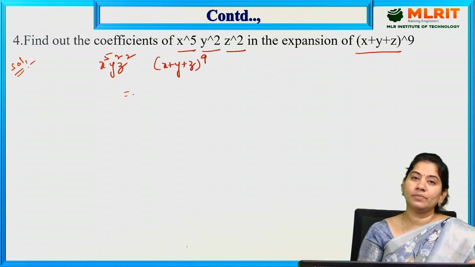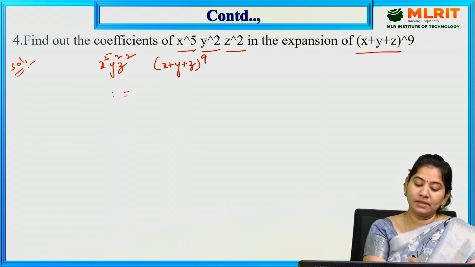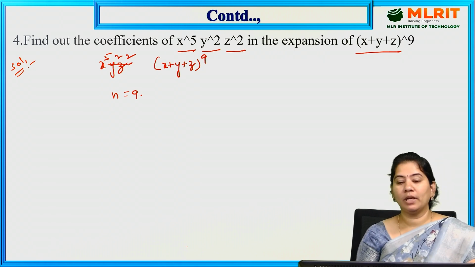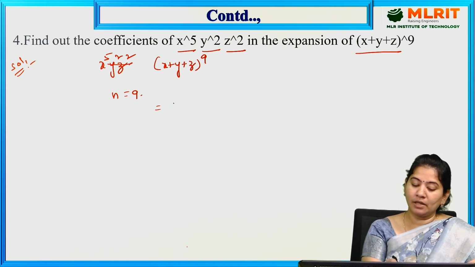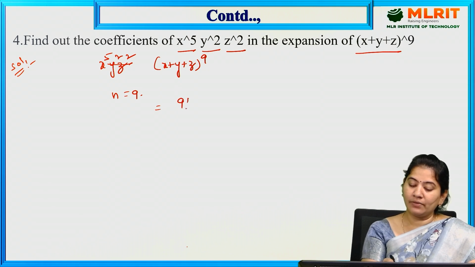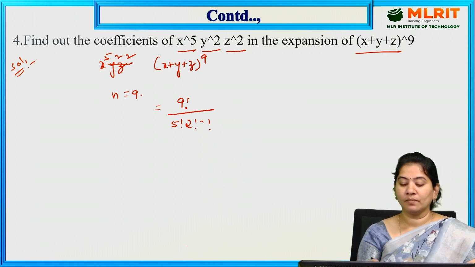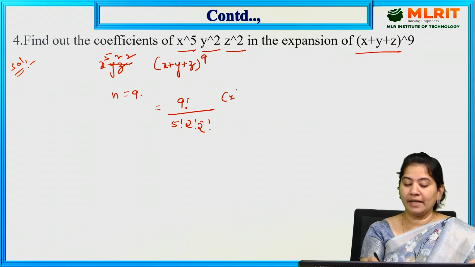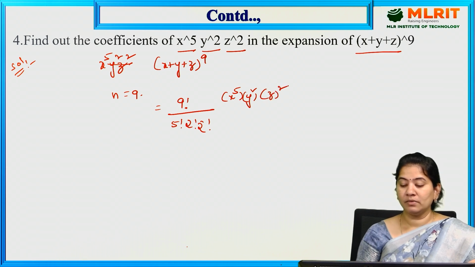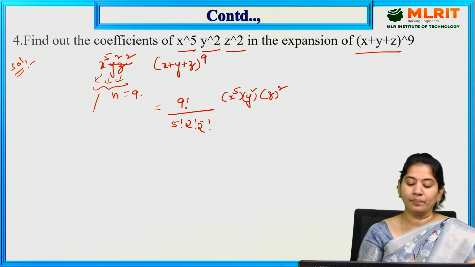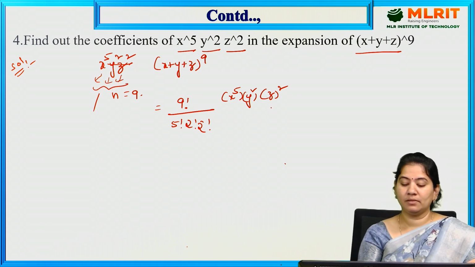So if we observe, n is equal to 9 here, and 5, 2, 2 are the n1, n2, n3 values. Then you have to take 9 factorial by 5 factorial into 2 factorial into 2 factorial. Next you will get x power 5, y square and z square. Why? Because all coefficients here are 1 only. So if it is 1, you will get it as it is.